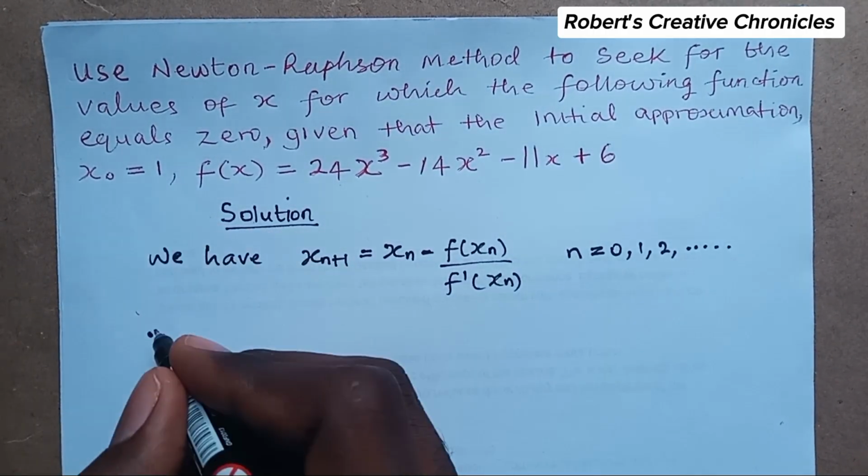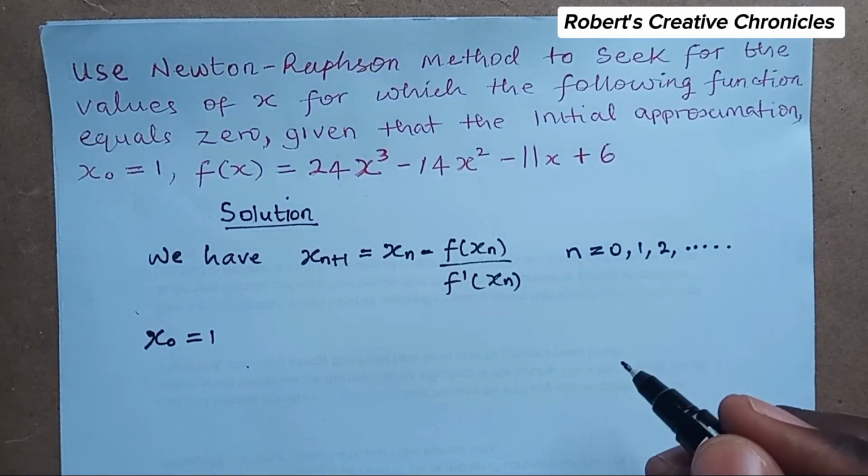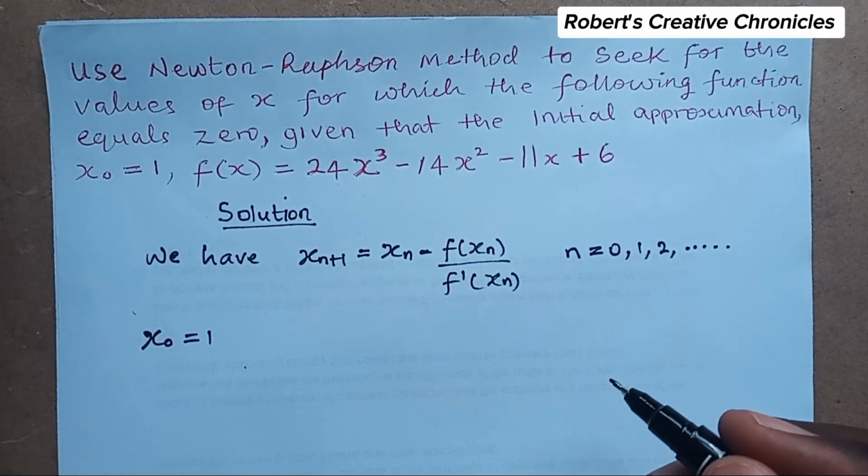And our x naught starts from 1. That means our iteration starts from 1.